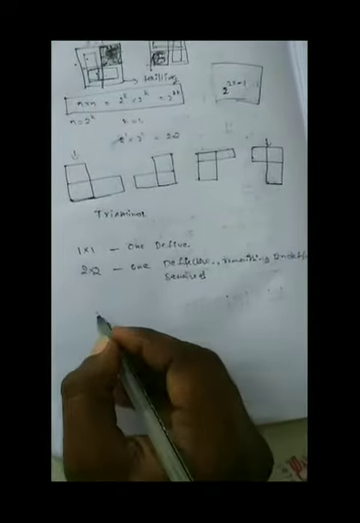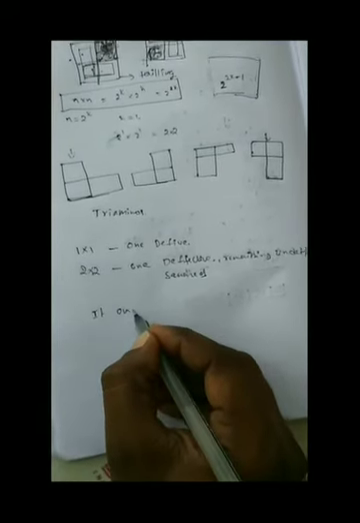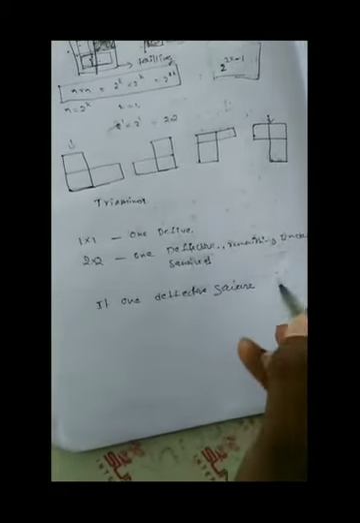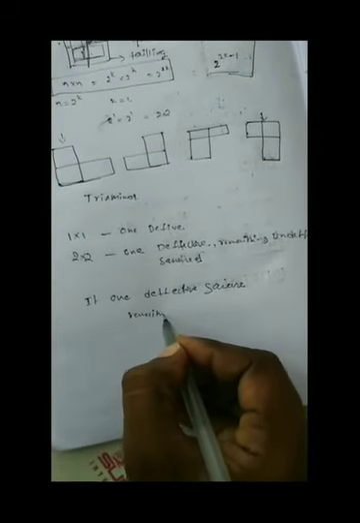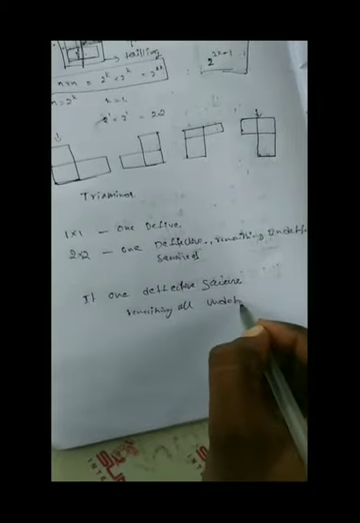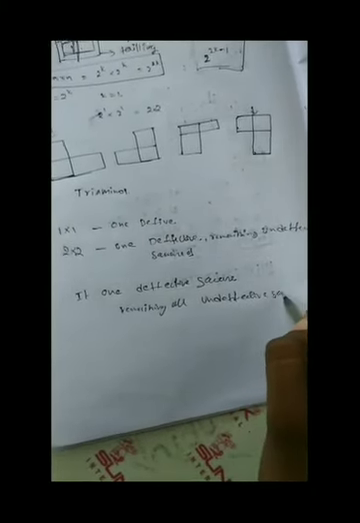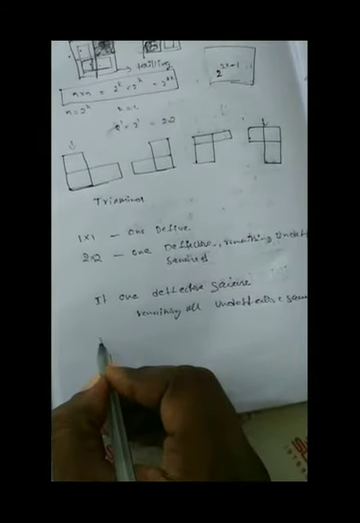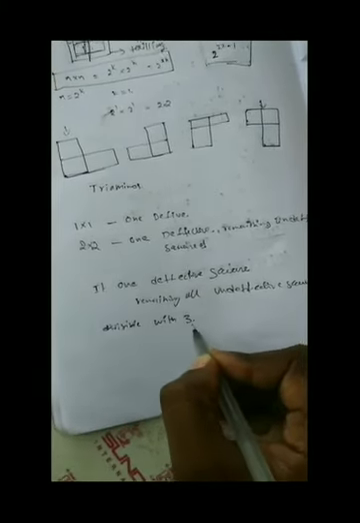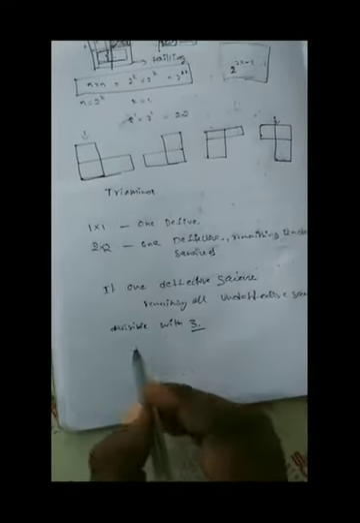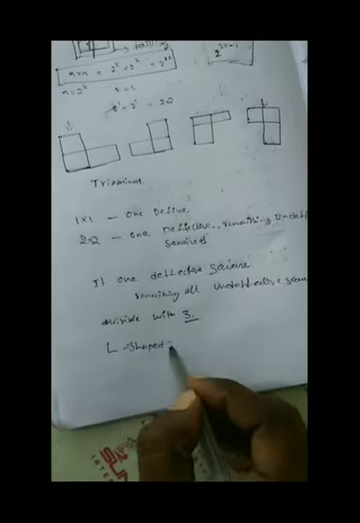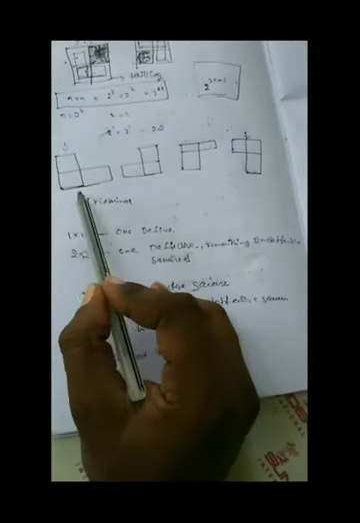So from the problem statement, we can conclude that it has one defective square and the remaining are undefective squares, and this number is always divisible by 3. We use L-shaped trinominoes to represent the undefective squares.